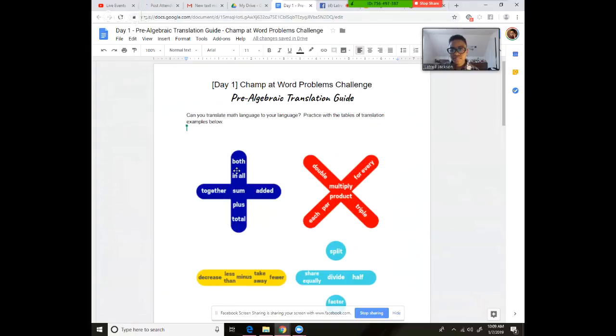So the reason why math language is so important, like I was saying before, is because like any other language, when you're learning the language that you currently speak, we're speaking in English right now, you start with words and terms, right? You don't start with just a paragraph because it's hard to do that. You don't know what consists of the paragraph if you don't know what the words are.